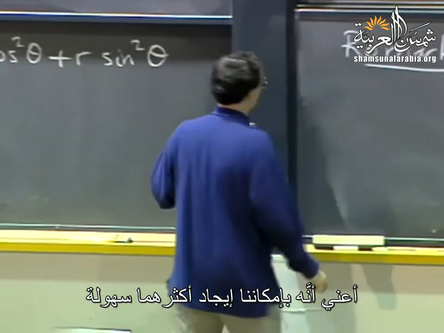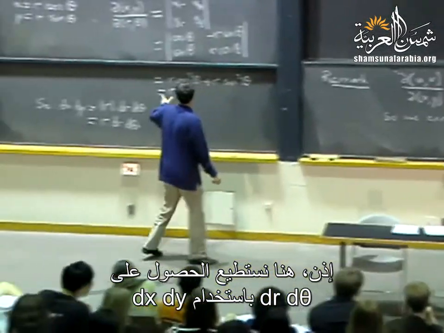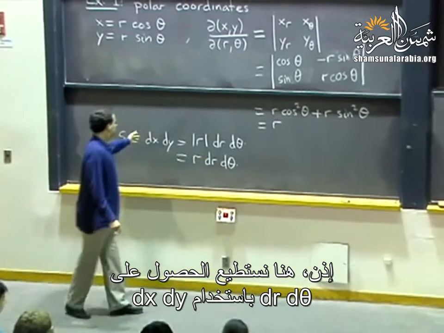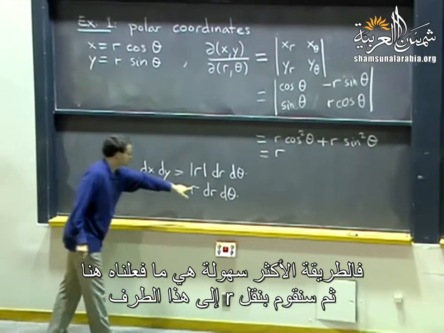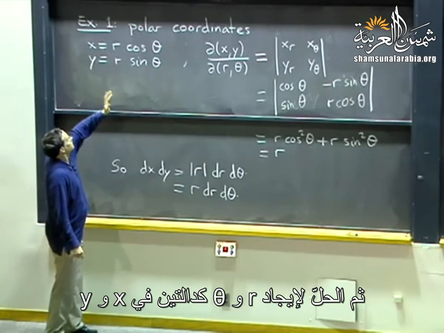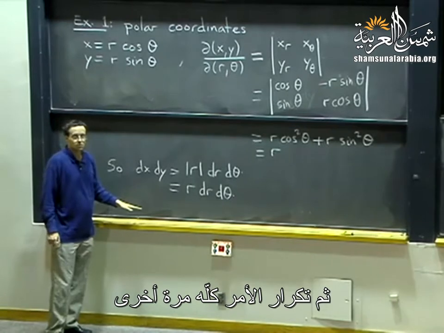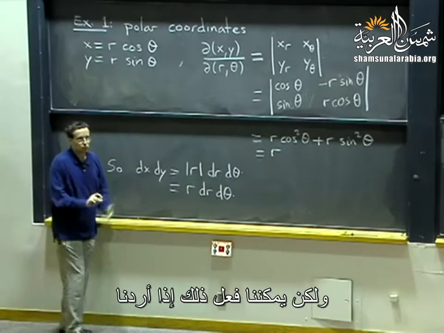You can just compute whichever one is easiest. So here, if you wanted dr d theta in terms of dx dy, it's easier to do this and then move the r over there than to first solve for r and theta as functions of x and y and then do the entire thing again. But you can do it if you want. It works.